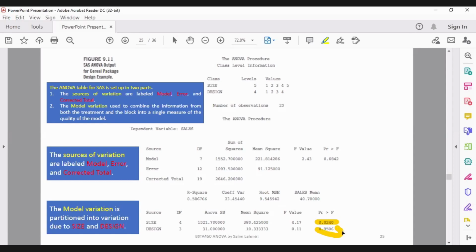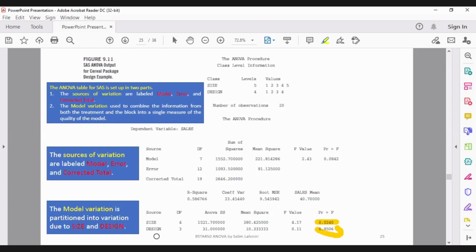Now let's look at this one. This one tests the null hypothesis that the average of means is equal across designs. The corresponding p-value is equal to 0.9506. So we accept the null hypothesis that the mean of cells is equal across design.